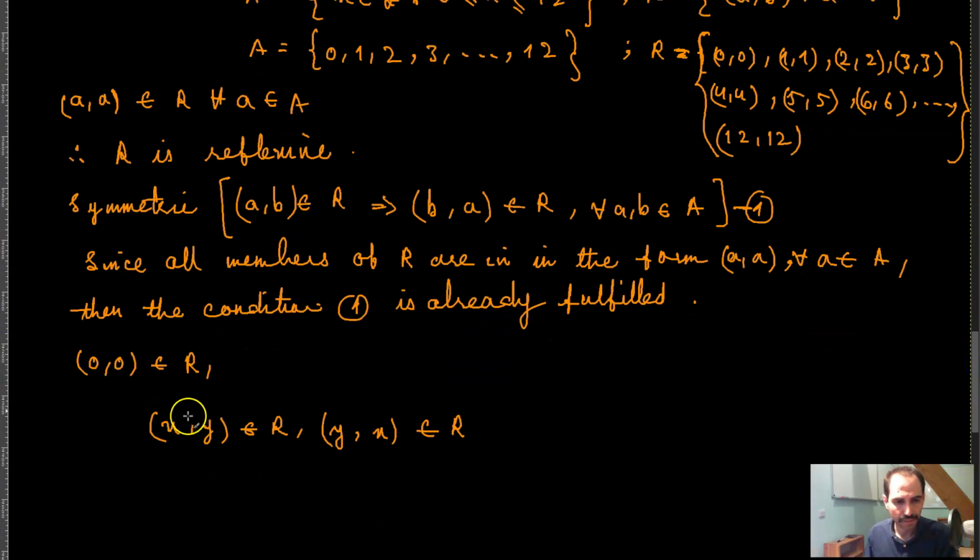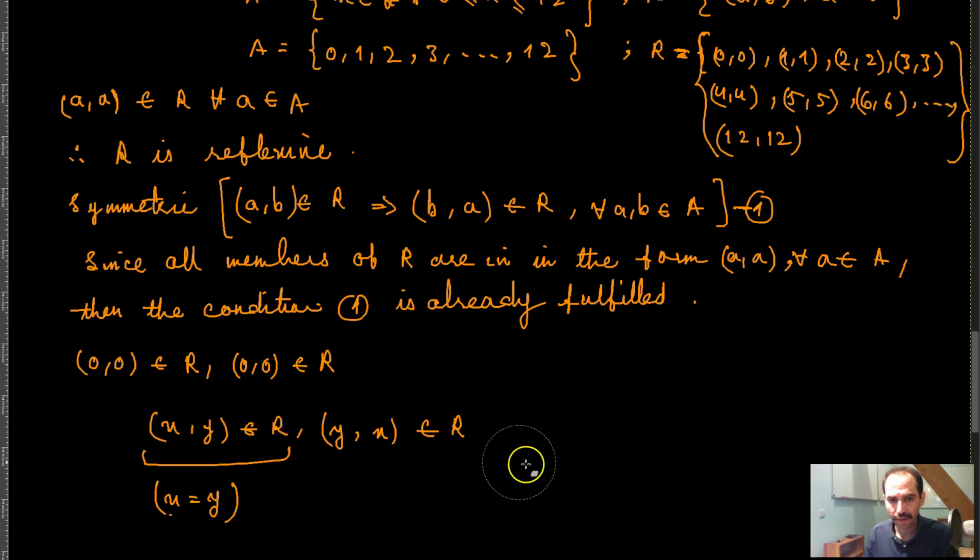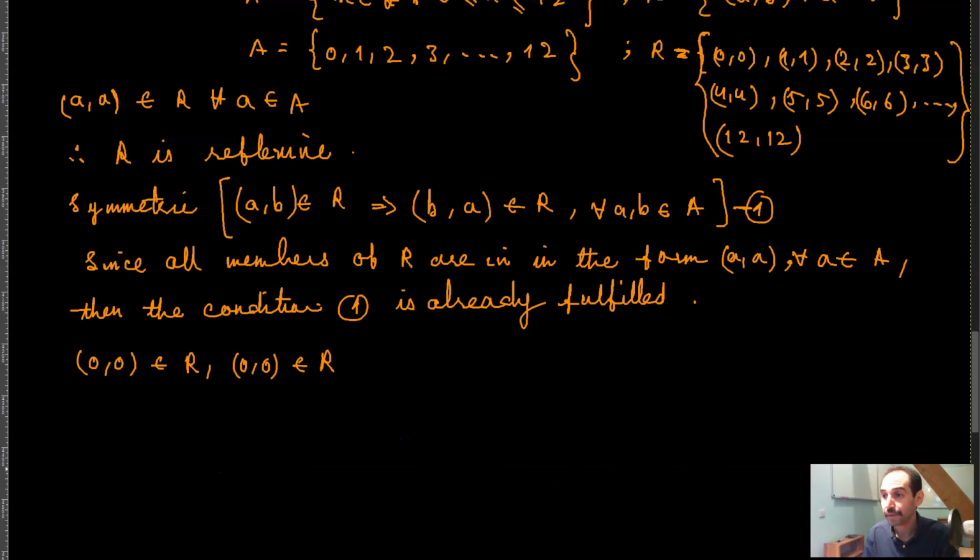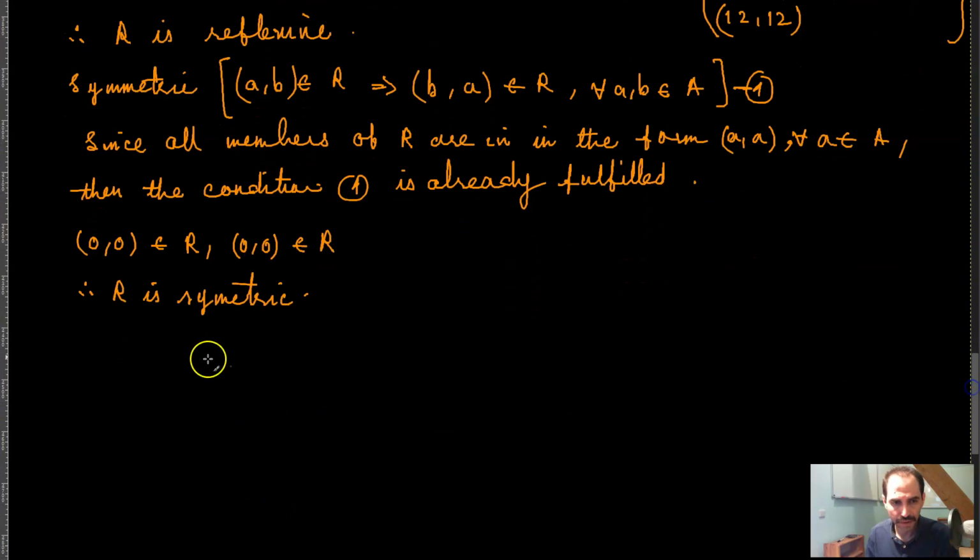Now, since in all of these x comma y, x is equal to y, then for all of these x comma y's, y comma x also belongs to R. So for example, for 0 comma 0, 0 comma 0 again belongs to R, and so R is symmetric.